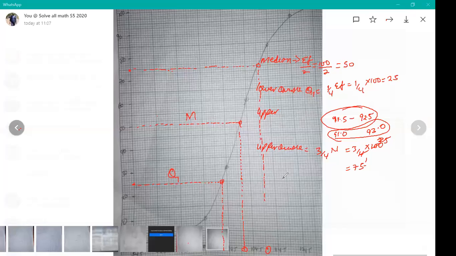Yeah, 109.5 plus 110.5. When I divide by 2, the answer gives me 110. But plus or minus 0.5. So 110.5 is correct, and also 109.5. Yeah, you are correct.